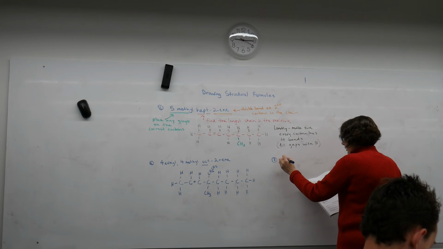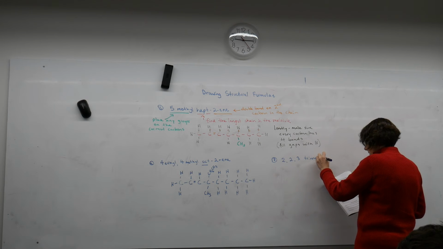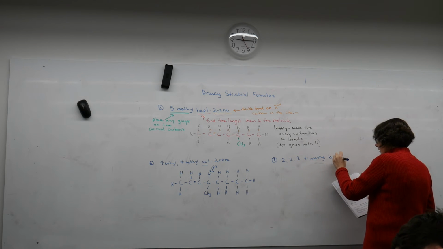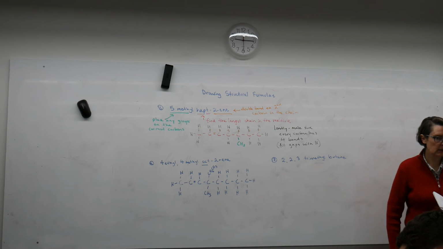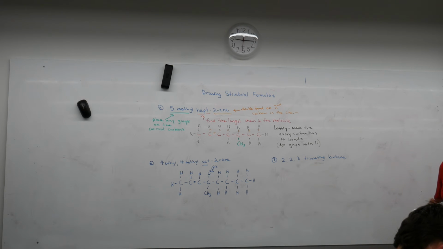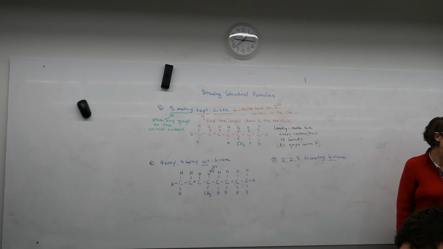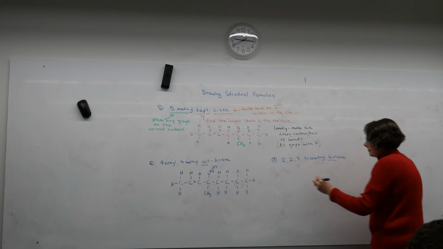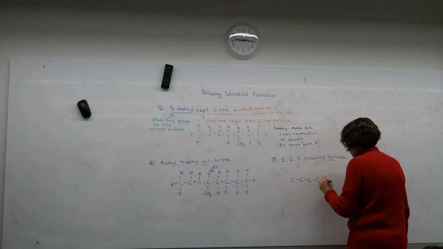And this is 2,2,3 trimethyl butane. Okay, so what's step 1? Longest chain, which is going to be the but. How many carbons? 4. 1, 2, 3, 4.